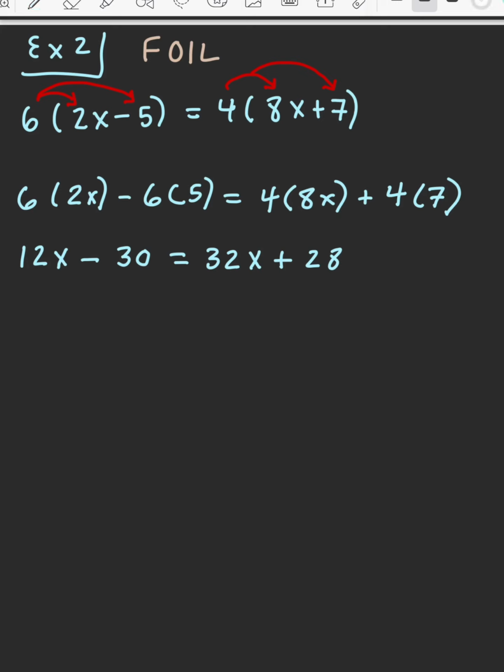Here we are going to move the variables to one side, and it can be to the right side or to the left side, but typically I like to work with the left side.